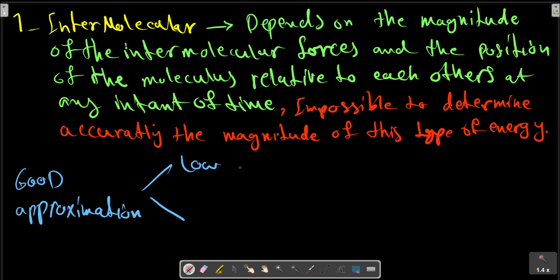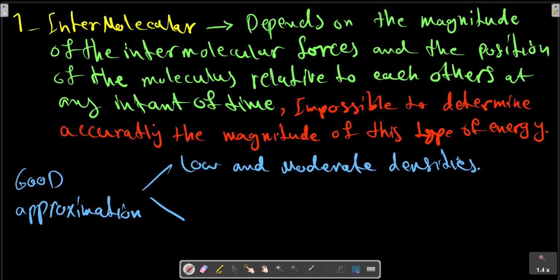In this case the molecules are relatively widely spaced so that only two or three molecule interactions contribute to the potential energy. At these low and moderate densities, techniques are available for determining with reasonable accuracy the potential energy of a system composed of fairly simple molecules.